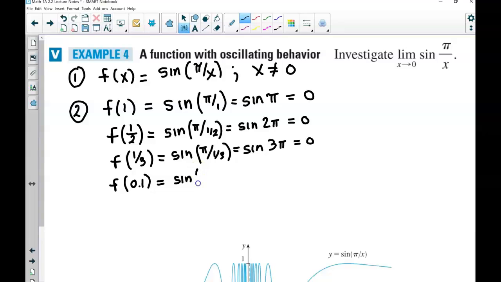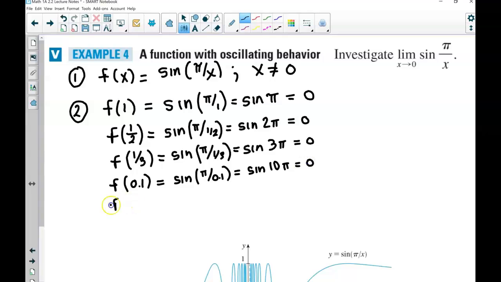If we take a look at f of 0.1, which is equal to the sine of pi over 0.1, well, that's the same thing as the sine of 10 pi, which again is equal to 0.